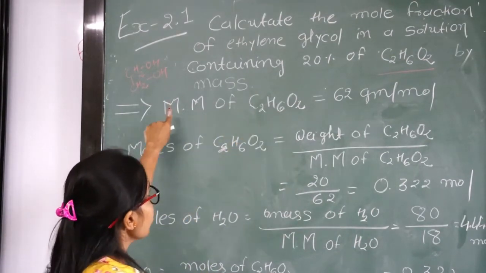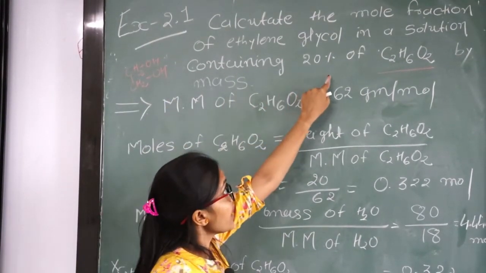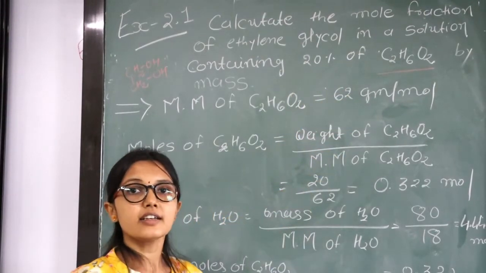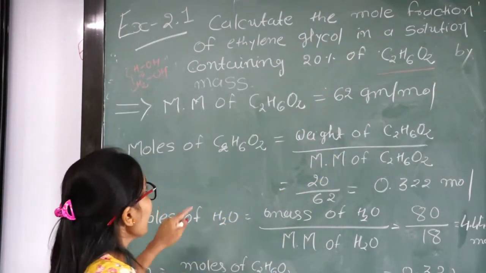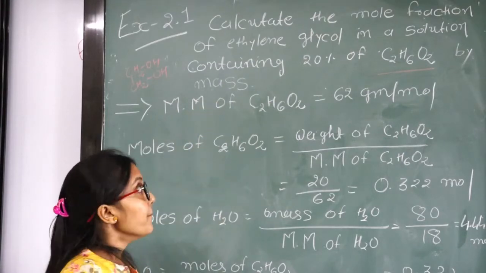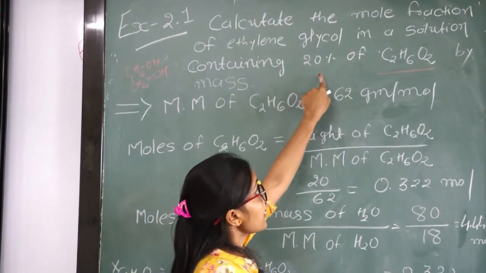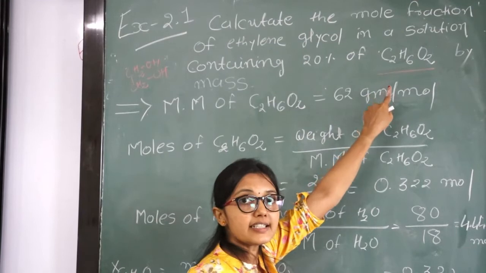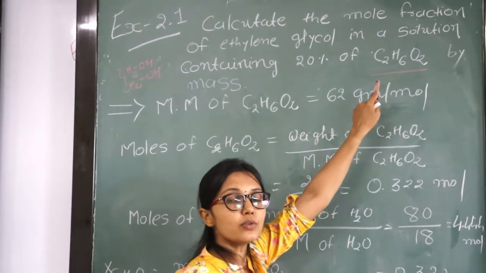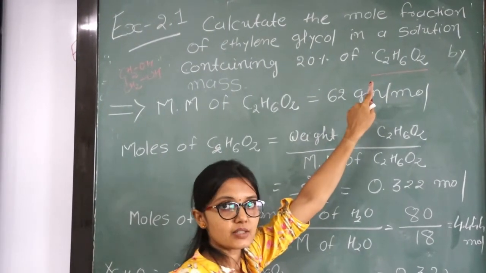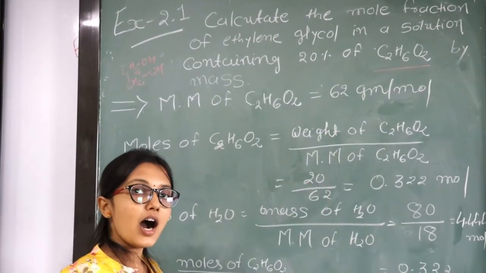In a solution containing 20% of ethylene glycol by mass, what does it mean? 20% of C2H6O2 mass is present; the mass value is given. How to solve?